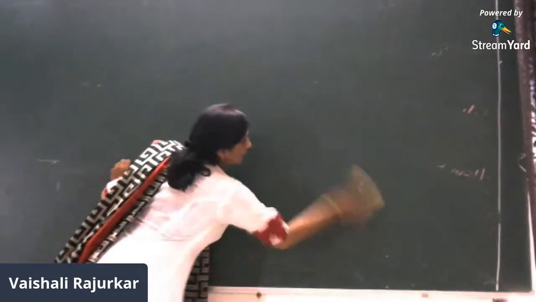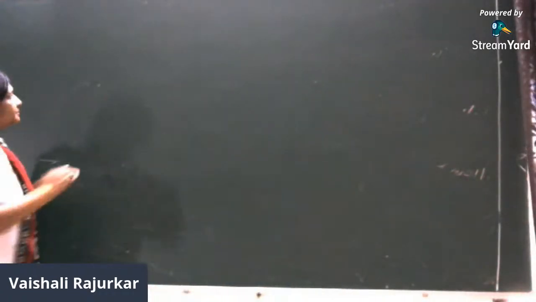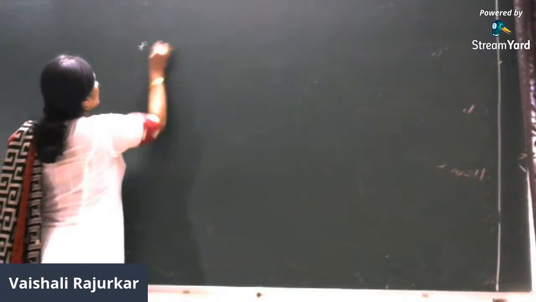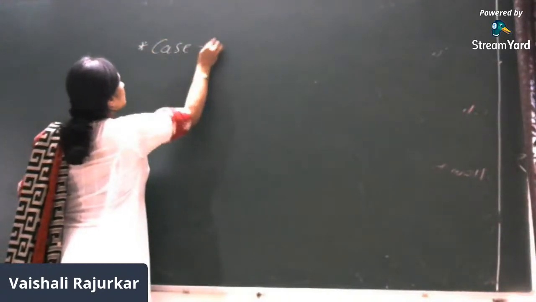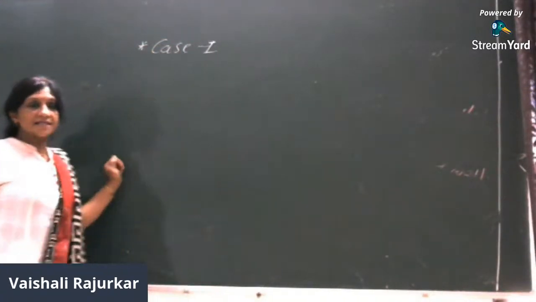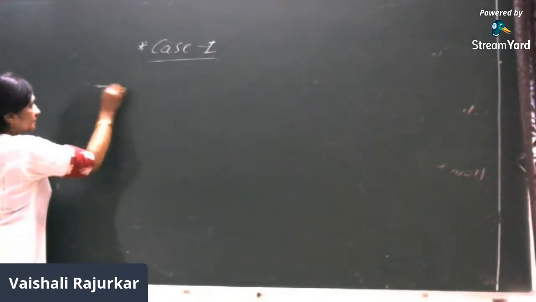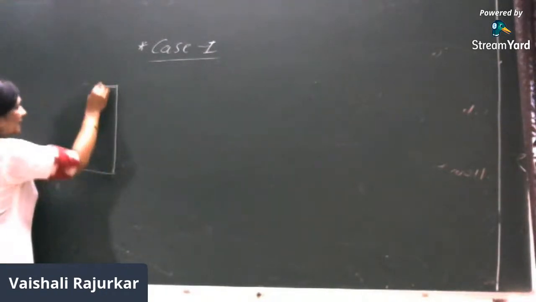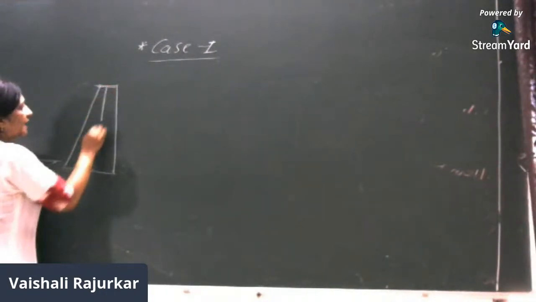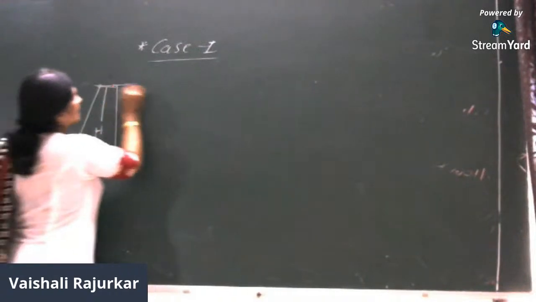So here we will assume case 1. Here we will assume this is the height of the retaining wall H, then this is the backfill.